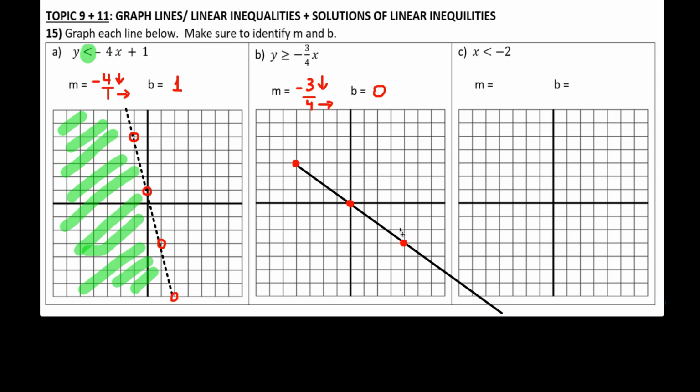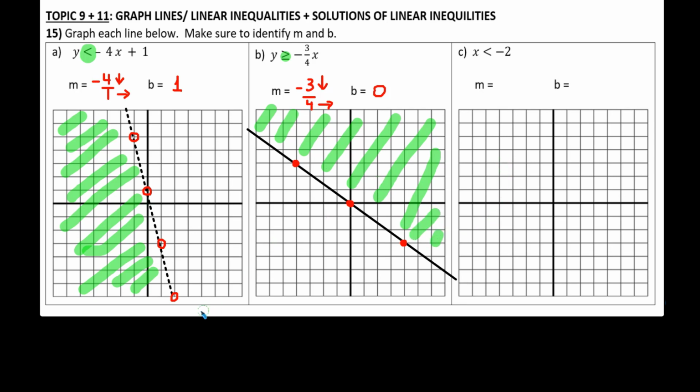Now, last thing you need to remember to do is to shade. This symbol is greater than, so that means you imagine here is your elevator, and you're going to shade above the line. There we go. All right, next problem.